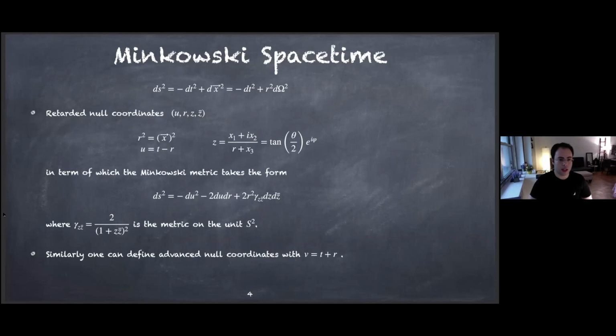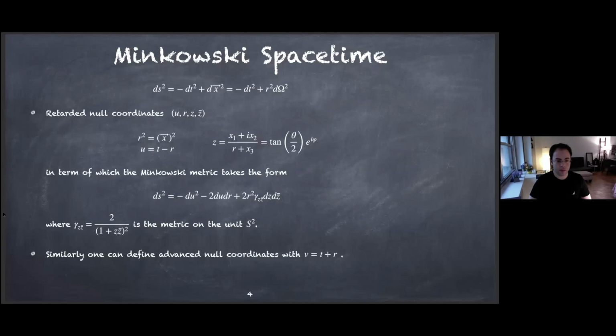So in retarded null coordinates that I will use, u, r, z, and z bar, the Minkowski spacetime can be written in the following form. Here, the null coordinate u is the standard null coordinate equal to t minus r. r is the standard radial coordinate, and I will be using two complex coordinates on the sphere, z and z bar, that are related to the angles theta and phi in a standard way.